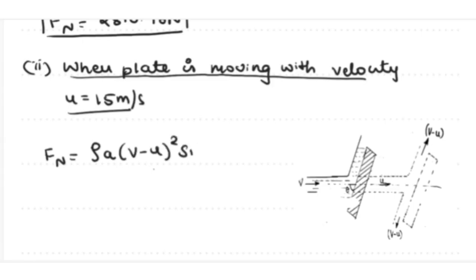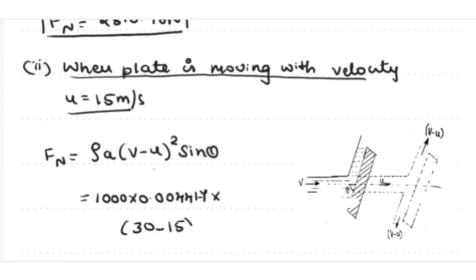If you substitute, 1000 into area 0.00417 into V, that is 30 minus velocity of plate 15, whole square, into sin 45.